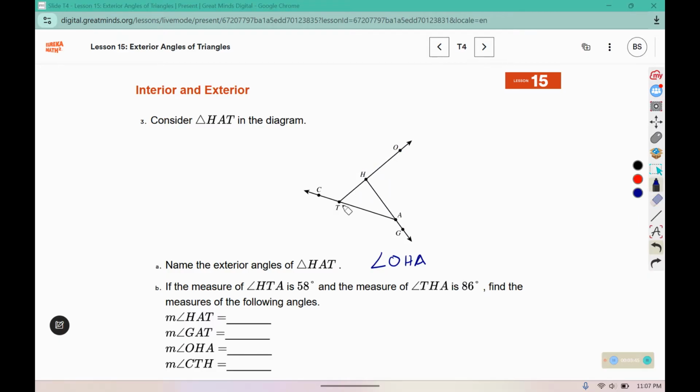We have T and G with A in the middle. And we have H and C with T in the middle.